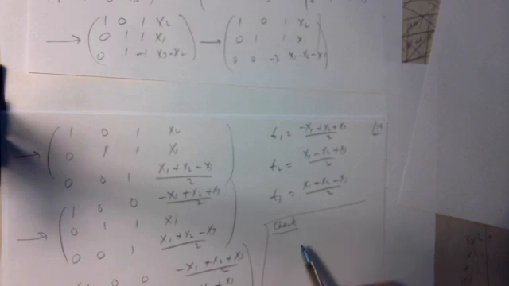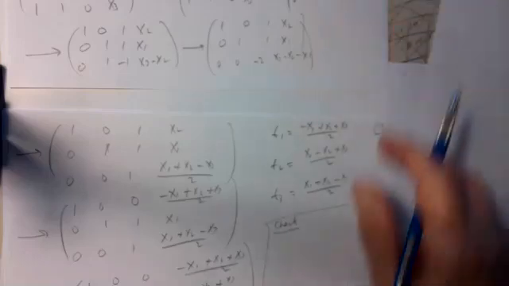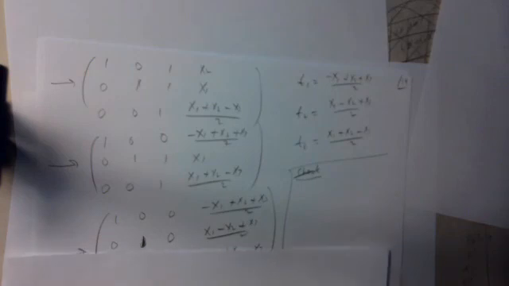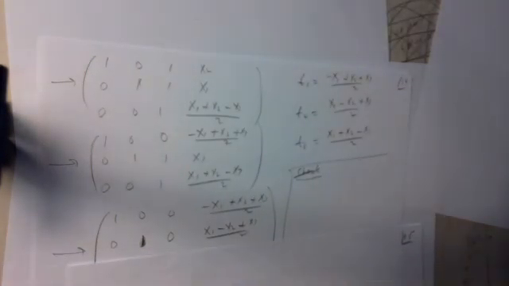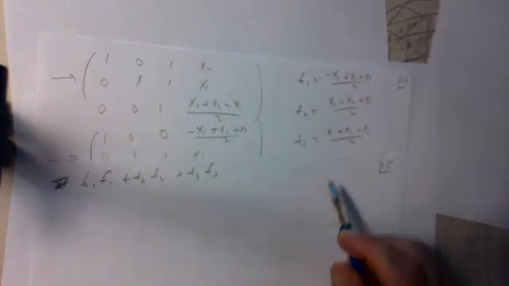So how do we check if this is correct? What we need, I'm going to take a bigger piece of paper, is that the vector (x1, x2, x3) is supposed to be this linear combination t1 f1 plus t2 f2 plus t3 f3. And here are my values for t1, t2, and t3.